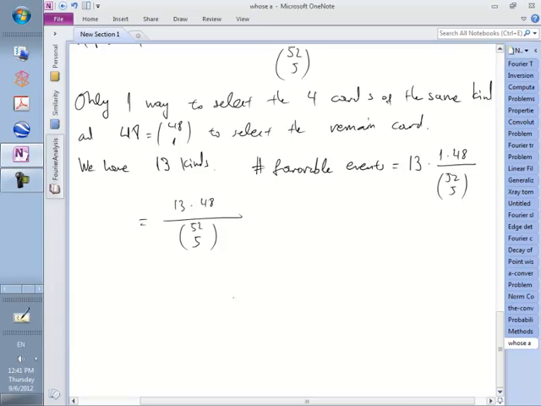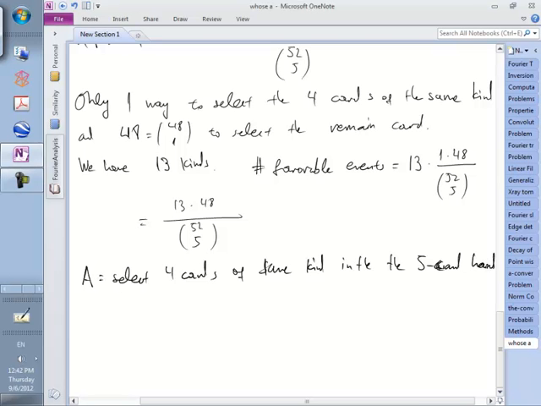Yeah, but I could have done it with the union. You can say A is select 4 cards of the same kind in the 5 card hand. And then you would have A sub i: select 4 cards of kind i, and this will be the same.